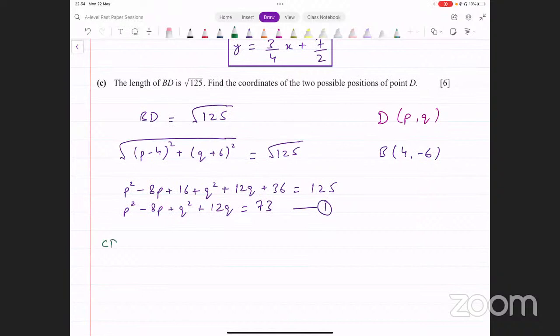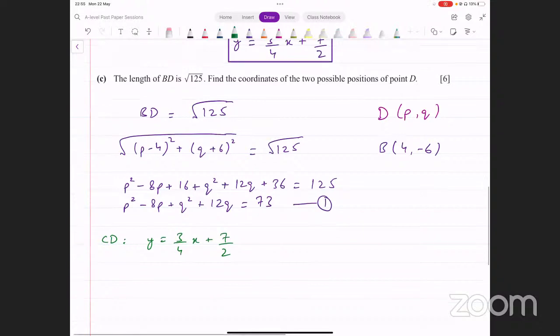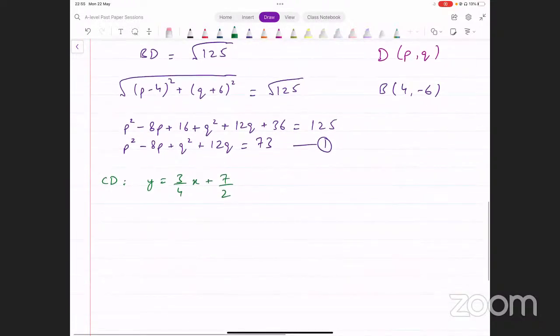The other equation would be the equation of CD that we found earlier, which is y equals 3 over 4 times x plus 7 over 2. That is the other equation that we found earlier, right? So the point should also satisfy this equation. If we input the point P and Q, what do we get from that?